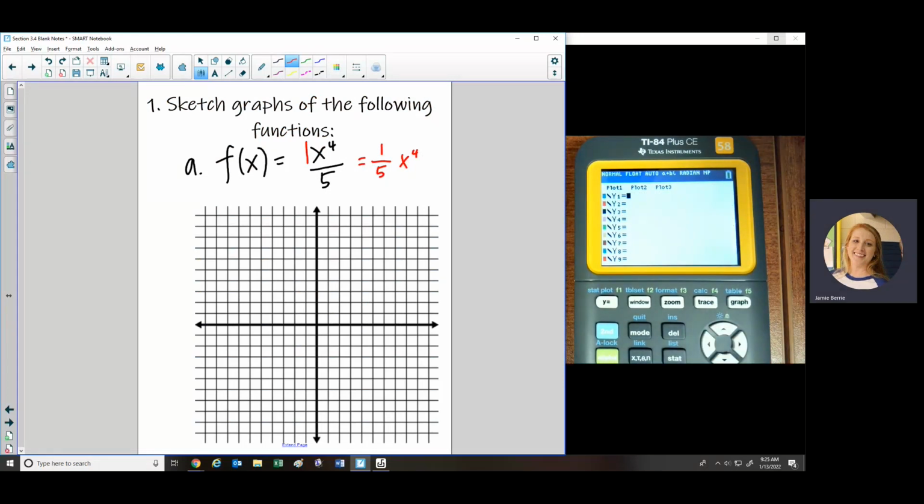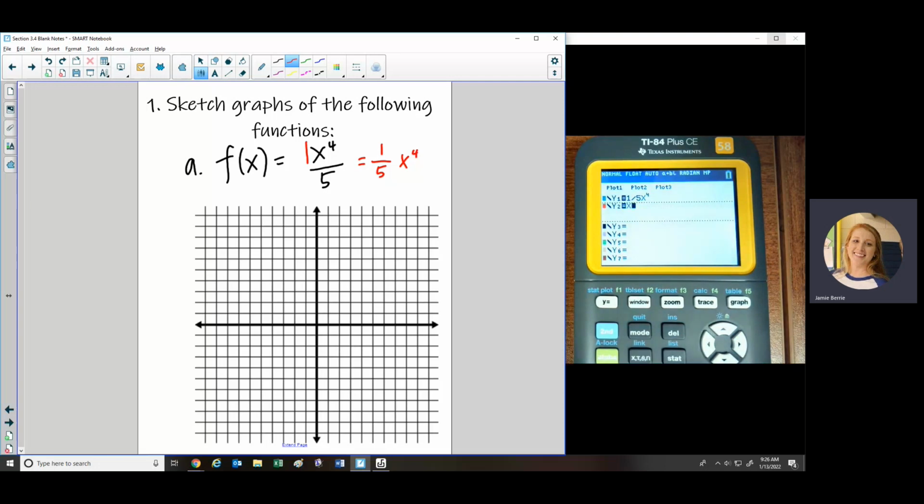You can type it in either way if you want to do 1 over 5 x raised to the 4th. That's fine. You could also type it in just the way it originally appeared, which was x raised to the 4th over 5. Just make sure if you do type it in that second way, that you get out of the exponent.